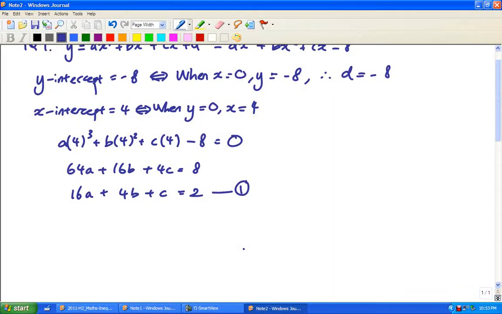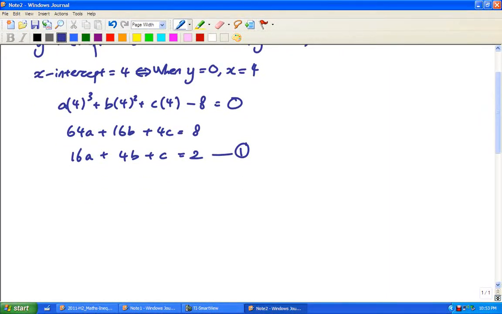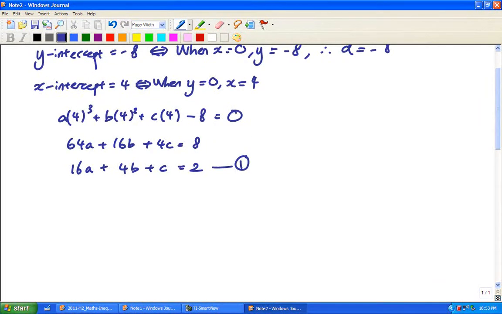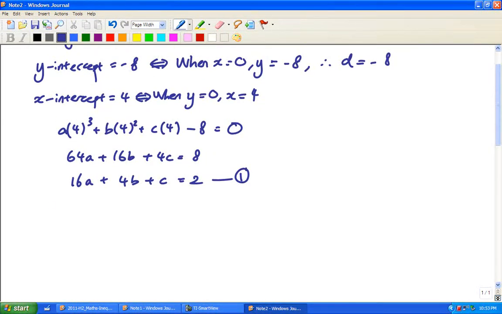Now the next piece of information is that the line y equals -8 minus 2x intersects the curve at x equals 3.